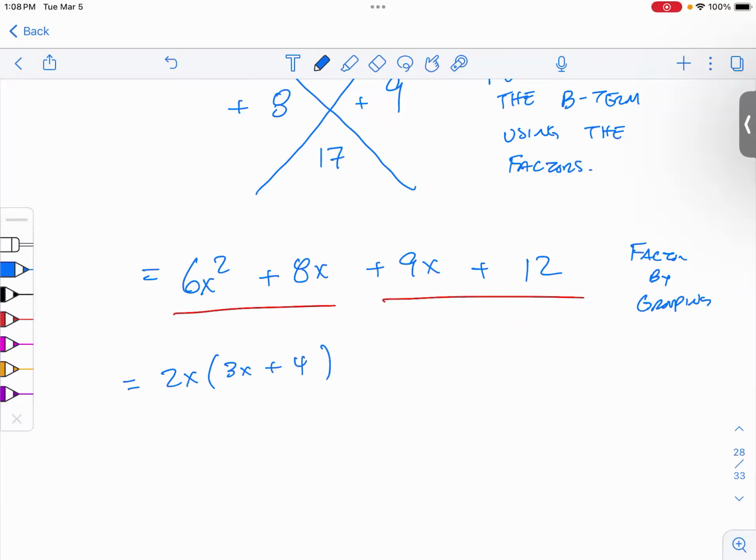Of the second 2 terms? 3. Did factor by grouping work? Which means, did the diamond work? Yes. And that's basically how you tell. So what did the 2 factors become? 2x plus 3 and 3x plus 4.